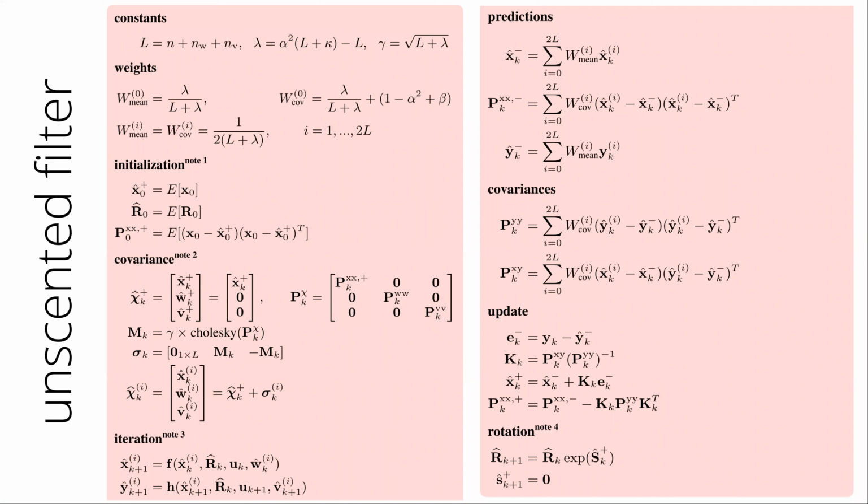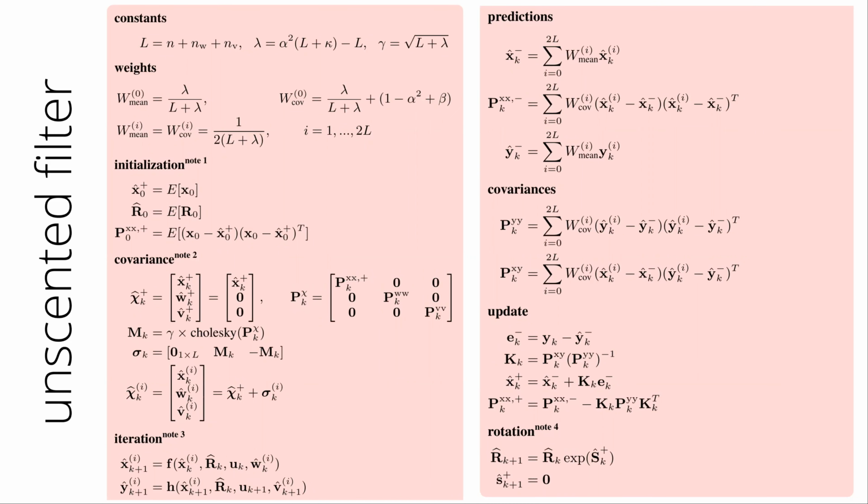I don't have time to go through every step, but it's mostly a standard unscented filter. There are several notes here, notes 1, 2, 3, and 4, which describe modifications we've had to make to the filter in order to incorporate our parameterization of rotation.